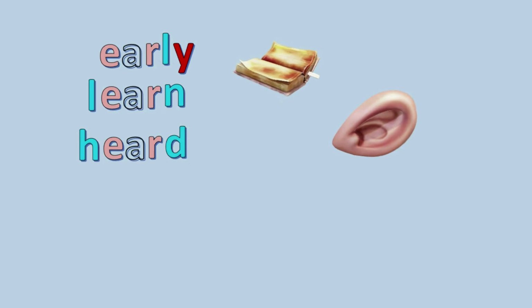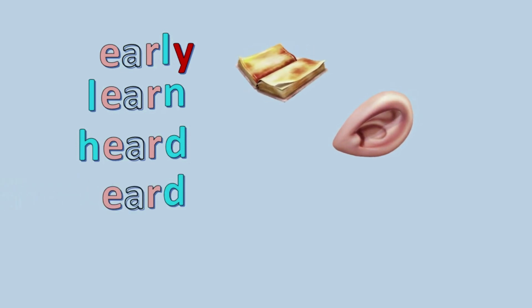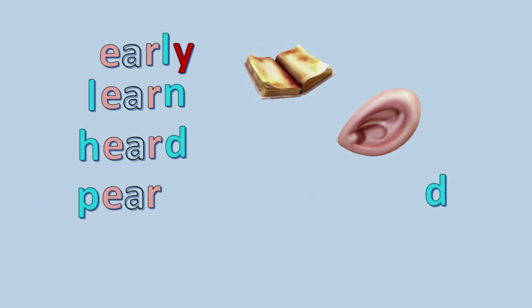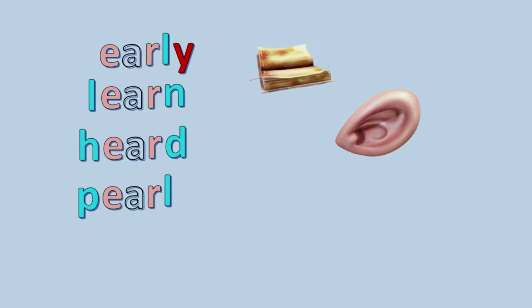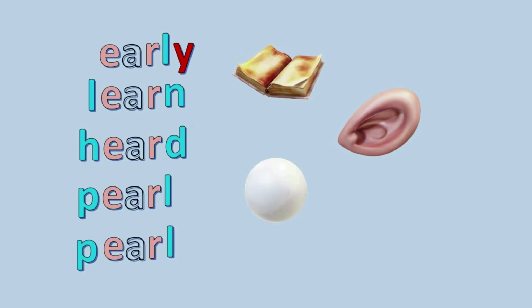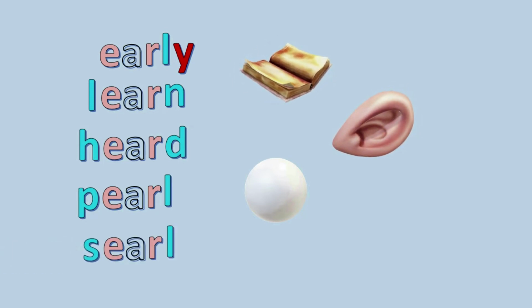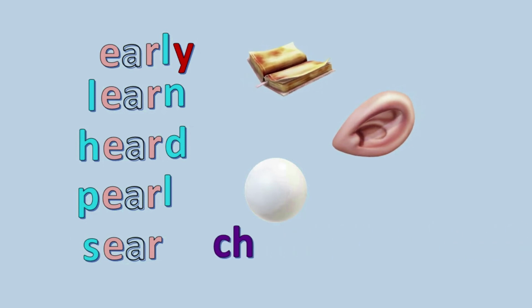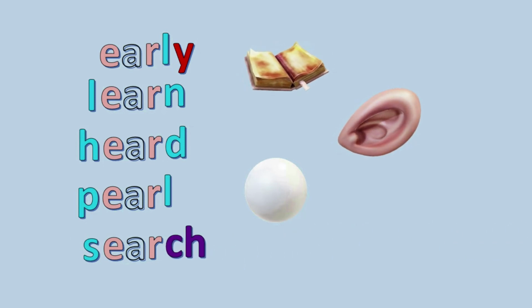Now switch the H for a P and the D for an L, and the word is pearl. And finally, replace the P with an S and replace the L with a CH. And the word is search.